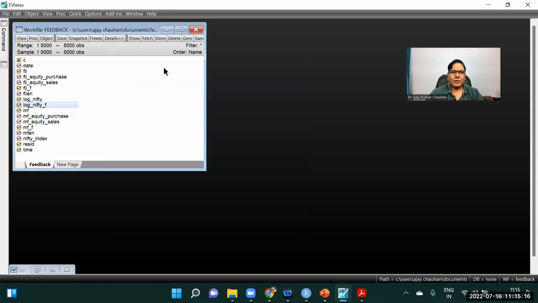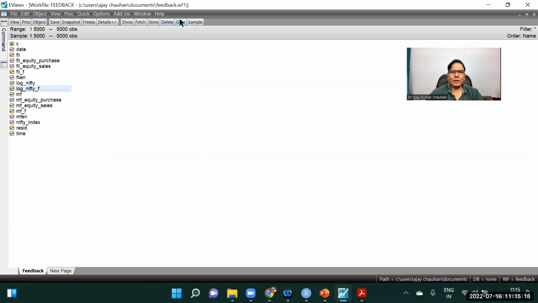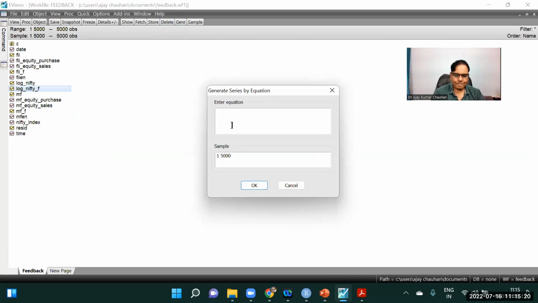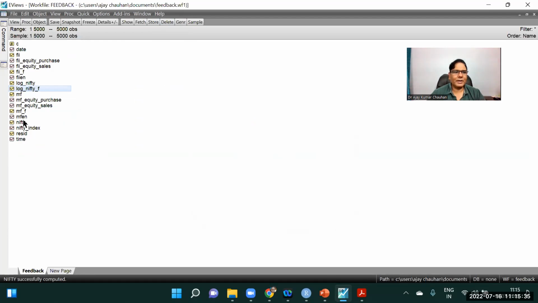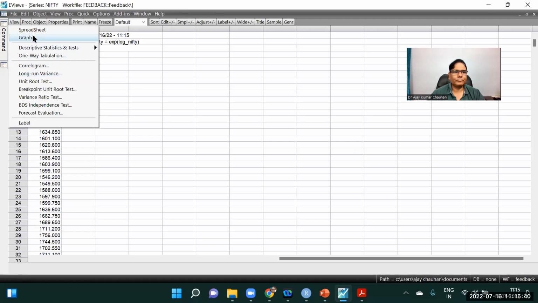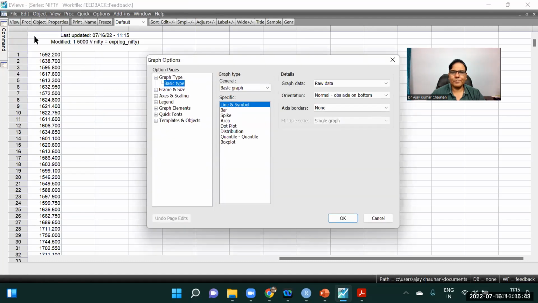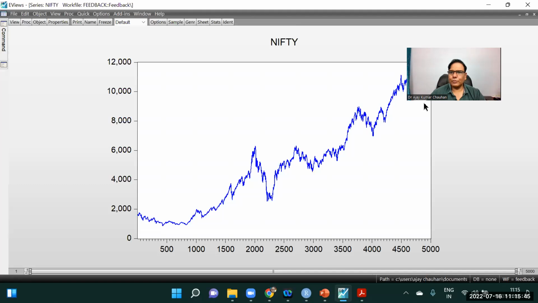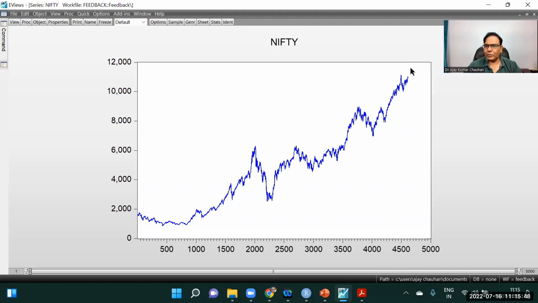Let me show you that because it is a log value. So I am taking Nifty equal to exponential of log Nifty. This is just like an anti-log. I want to see the values of Nifty. Okay, the values are not coming.